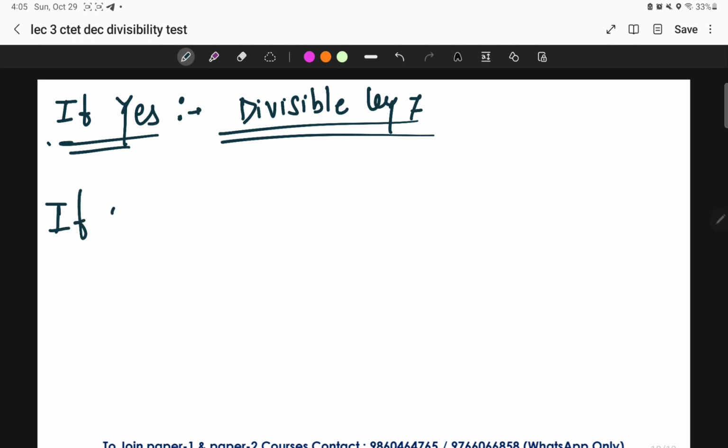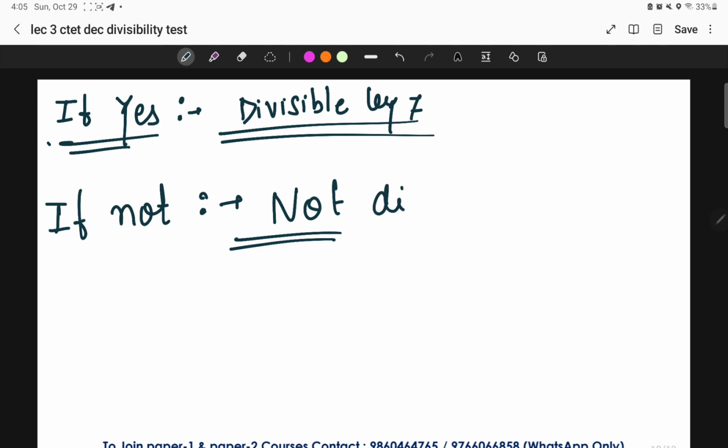If not, if we don't get 0, or if we don't get any two digit number which is a multiple of 7, then the number is not divisible by 7.